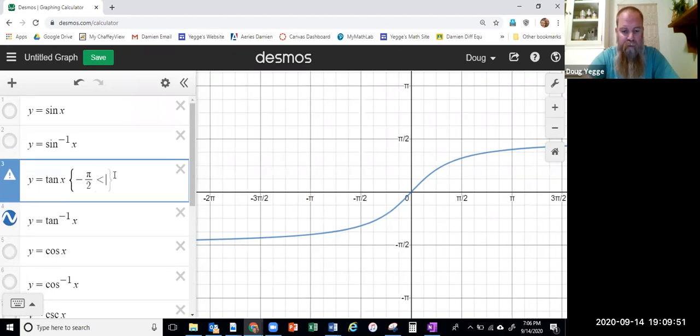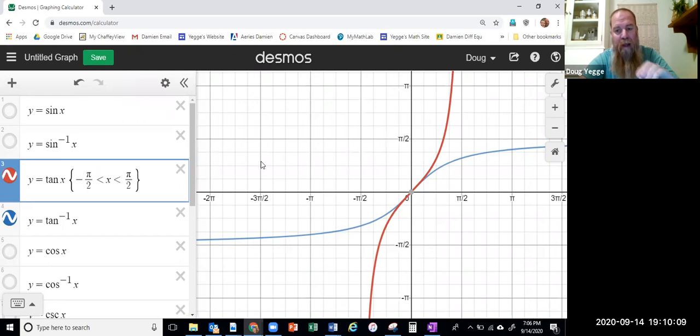That is, -π/2 is less than x, which is less than π/2. Because if we now do that, the inverse function is only going to be giving y values between -π/2 and π/2, which means that our answers for any tan inverse function can only be angles between -π/2 and π/2, just like sine of x.